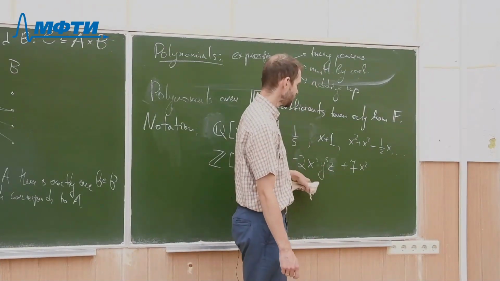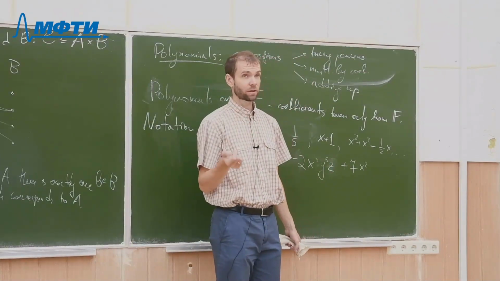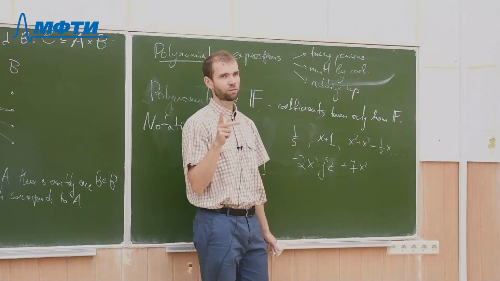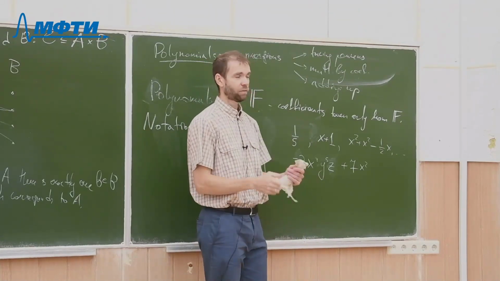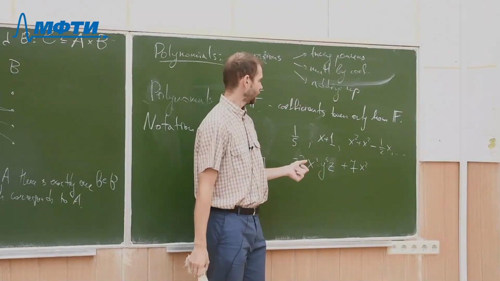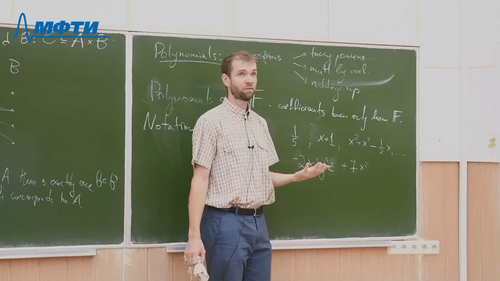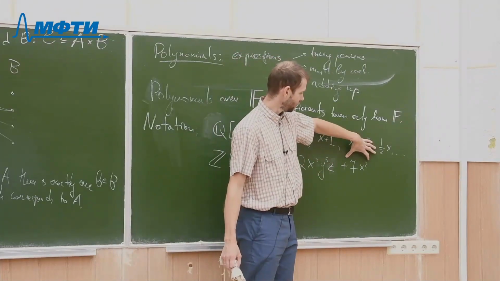Now for polynomials of many variables, we have two different definitions of degree. We have the definition of a complete degree or total degree of the polynomial, which does not involve any specific variable. So the degree of this monomial is 2.